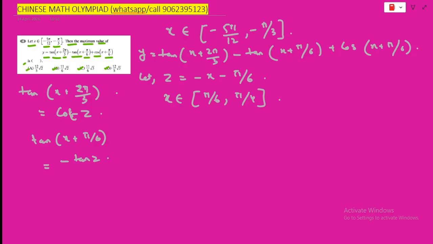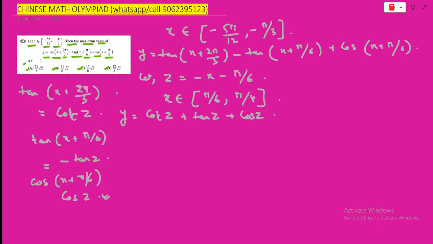And the third term, cos(x + π/6). So this becomes cos z. Right. So the final expression becomes what? y = cot z + tan z + cos z.